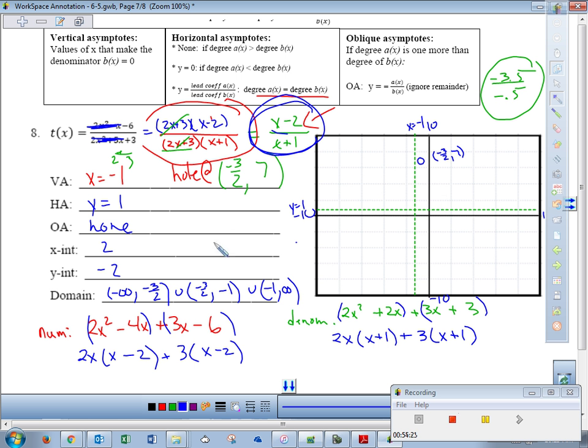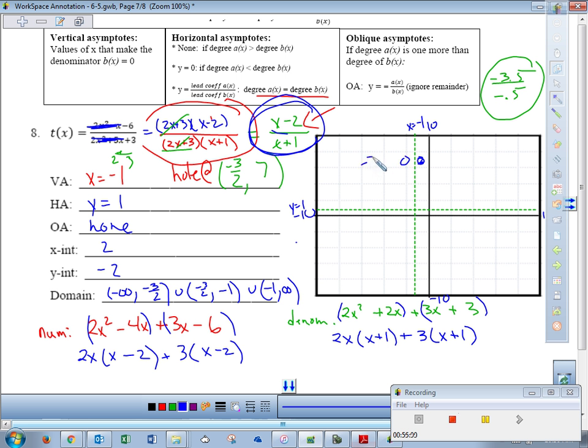Any other x-intercept and y-intercept? I got an x-intercept of 2. Is that right? What did I do wrong? Yeah, okay, there's the hole on the wrong side. Oh, that's not a hole.